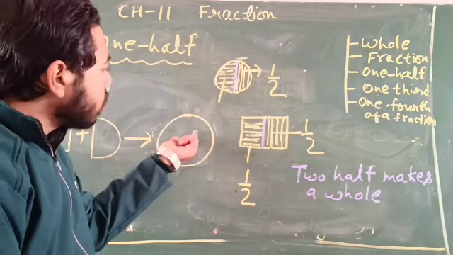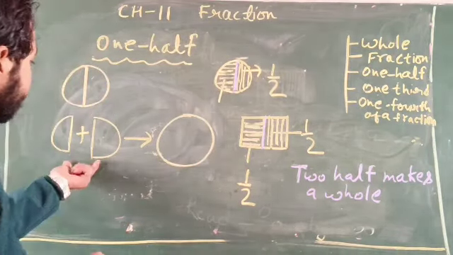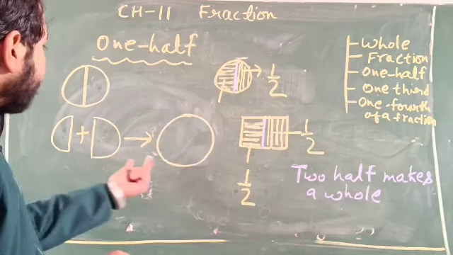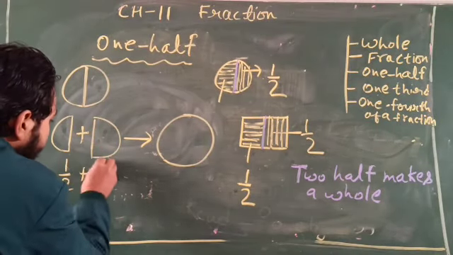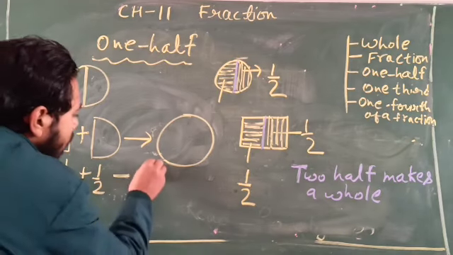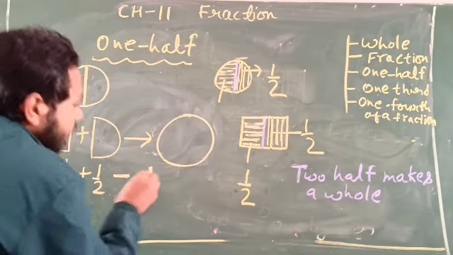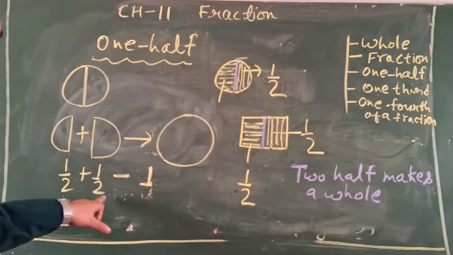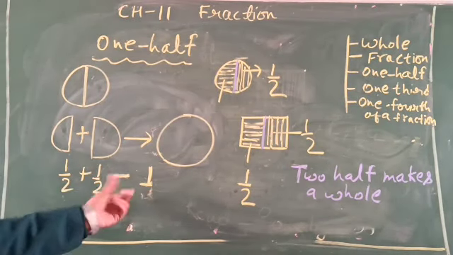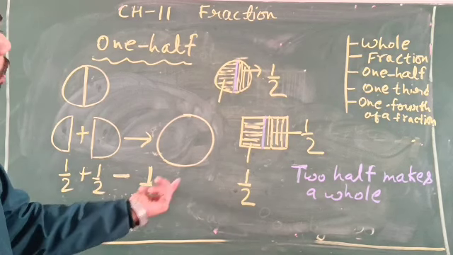So by the figure we can easily understand that 1 half plus 1 half becomes a whole, and whole is represented by 1. That means 2 halves make a whole.